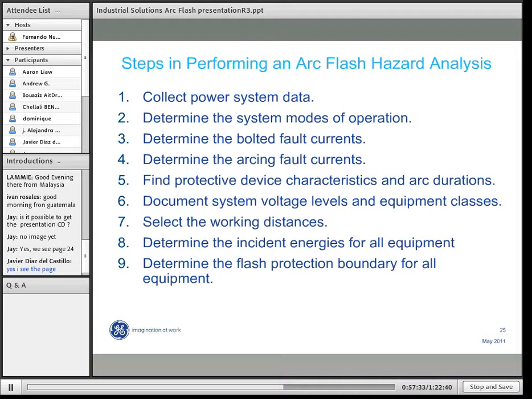And these last three things here, the working distance, incident energy, and arc flash protection boundaries, these go onto the warning labels that are going to be placed on the equipment.